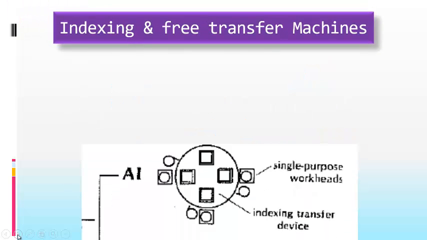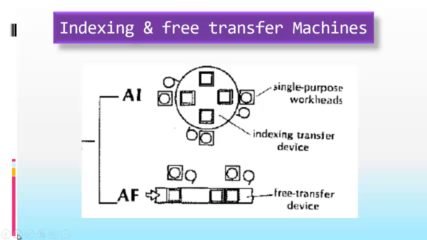Indexing and free transfer machines are different machines. You see the upper drawing, the circular drawing, where the single purpose workhead and the feeding device are feeding parts to the single purpose workhead, and inside this, the round table has the fixtures which move intermittently.